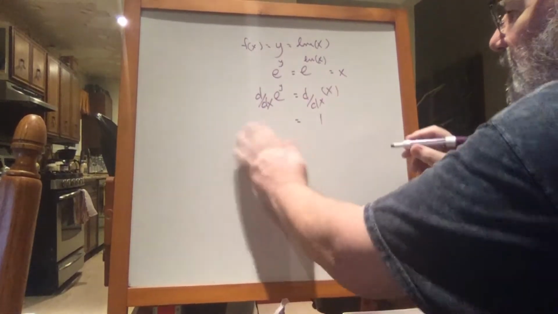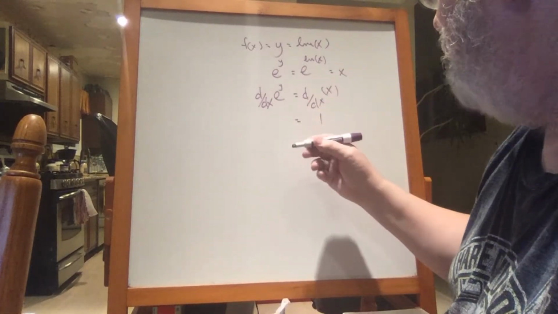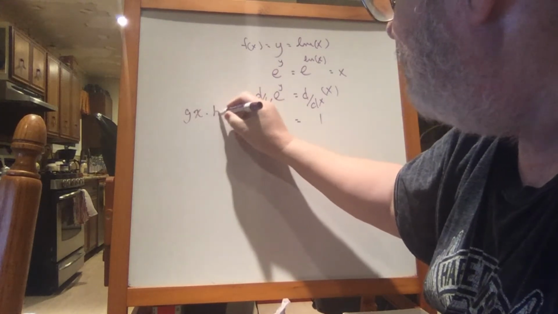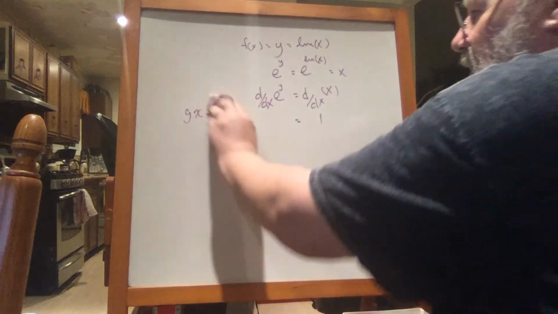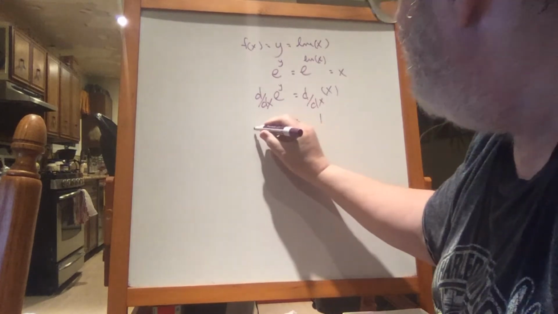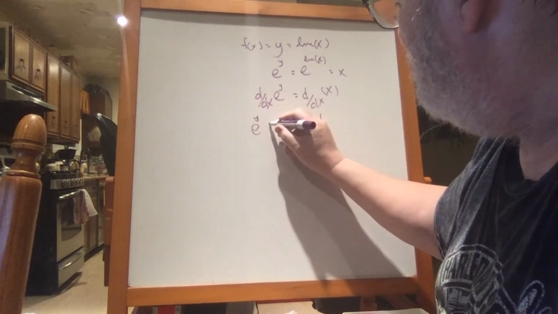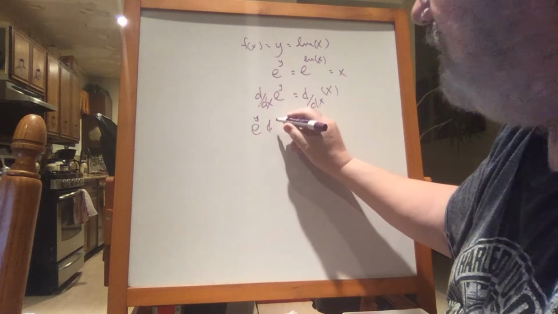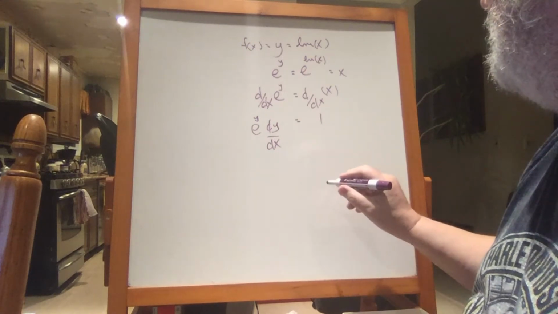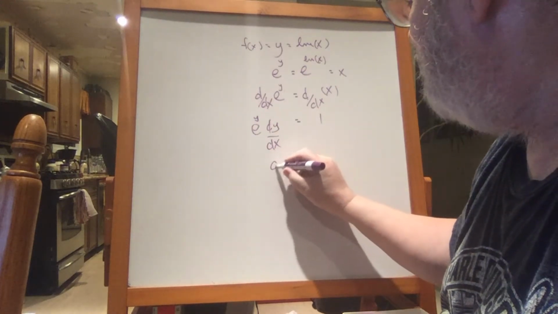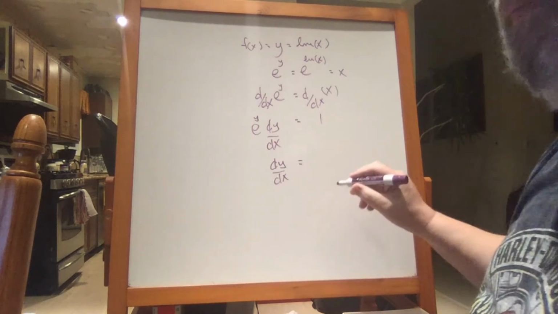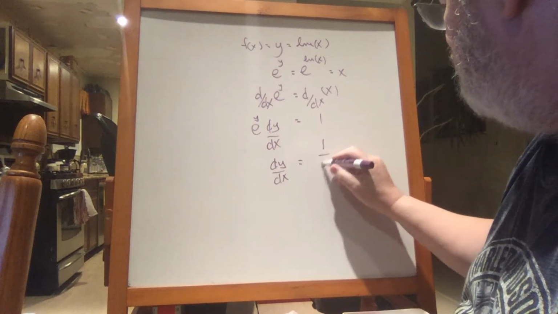Remember, we're doing the power function, the g of x times h of x. So here we have the derivative of e to the y, so that's e to the y times dy dx. And dy dx equals 1 over e to the y.